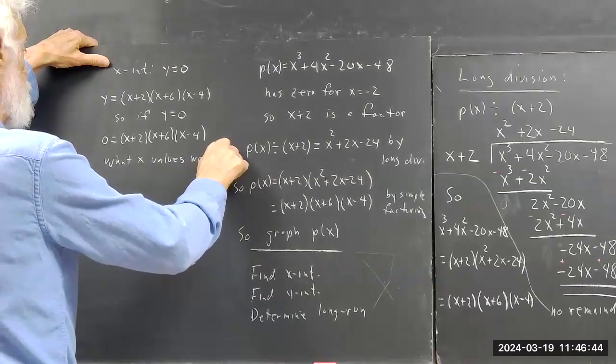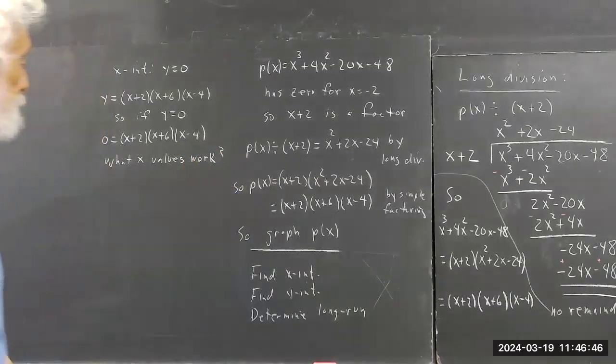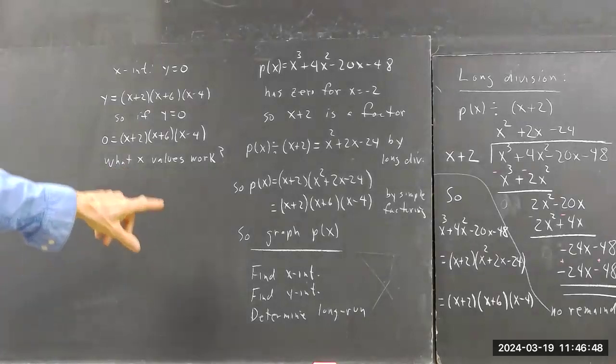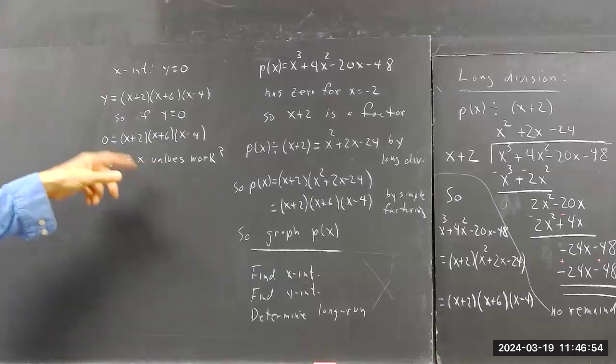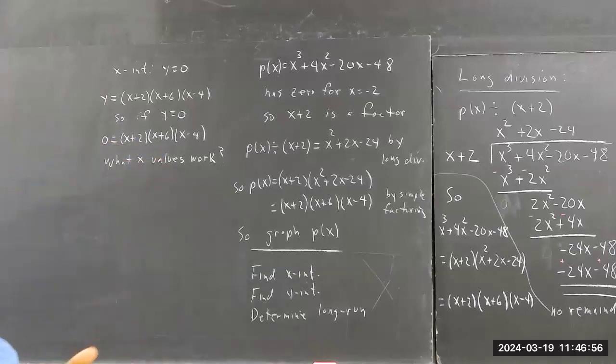I'll just say what x values work. We don't have to be too formal with our terminology, but we do have to be careful. What x values work to give you 0?